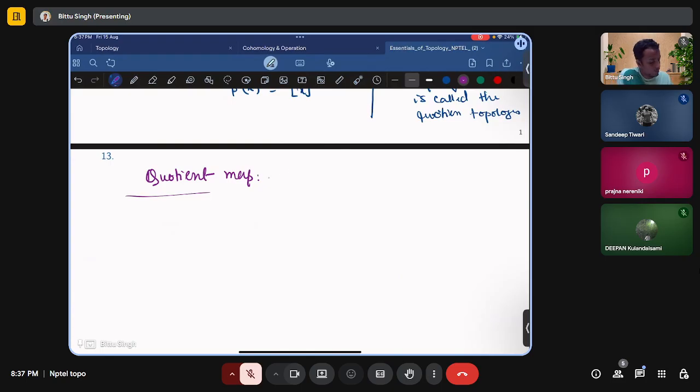So what is a quotient map? Suppose X is a topological space and Y is a set with no topology, and let P map X to Y. This is a surjective map.